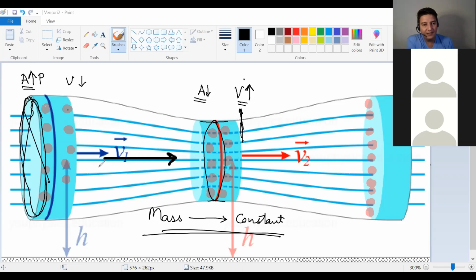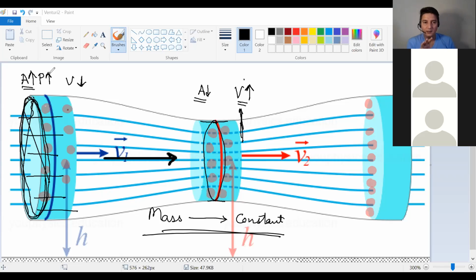So previously we discussed that if a place is bigger, this area is big, a lot of water is entering in, right? It has got a lot of space. So velocity is low. Velocity is low means static pressure should be? High. Exactly. Correct.